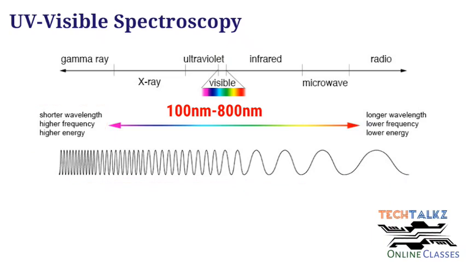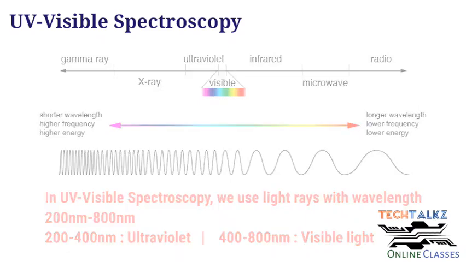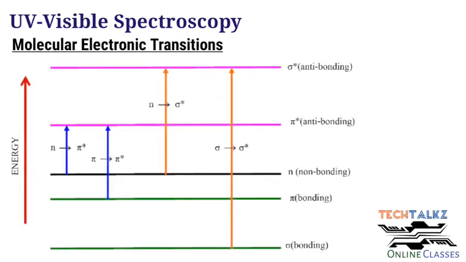In UV visible spectroscopy, we use light rays with a wavelength of 200 to 800 nanometer. In that, 200 to 400 nanometer is the ultraviolet region, and 400 to 800 nanometer is the visible region, that is violet, indigo, blue, etc., up to red.